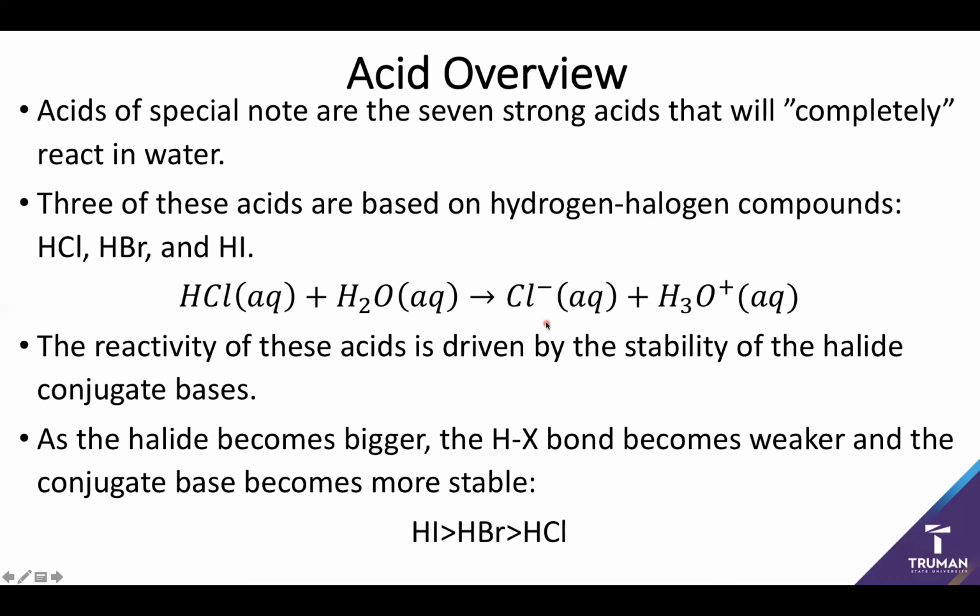In conjunction, what we also tend to find is as the halide becomes bigger, as we go from chlorine to bromine to iodine, that hydrogen halide bond becomes longer and longer, meaning that it's harder for that proton to hang on, and it's much more likely to react and fall off.